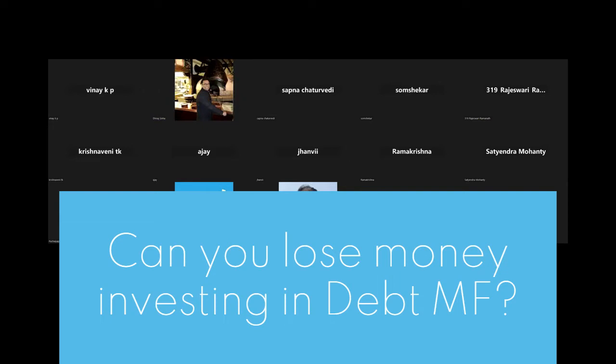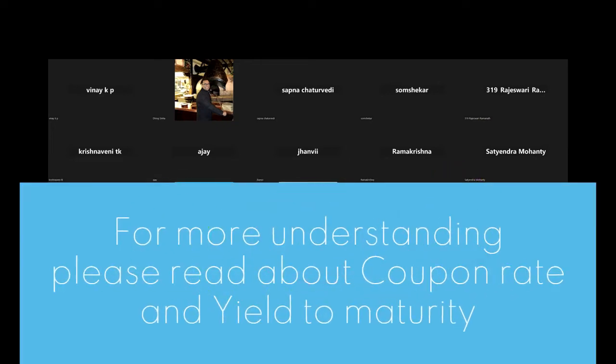That's not true. Particularly the long tenure debt funds have a huge impact of the change of interest rate in the economy. Okay, and for that you need to understand the concept of yield and the coupon rate. I think that will become too much, but keep in mind that when you are investing in a debt mutual fund, don't blindly assume that you will not lose money or you cannot lose money.